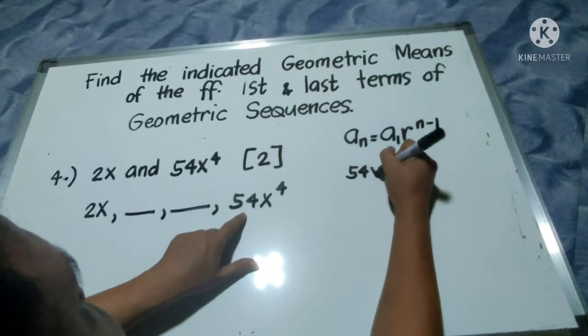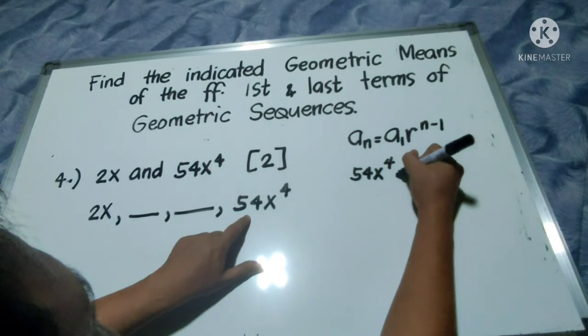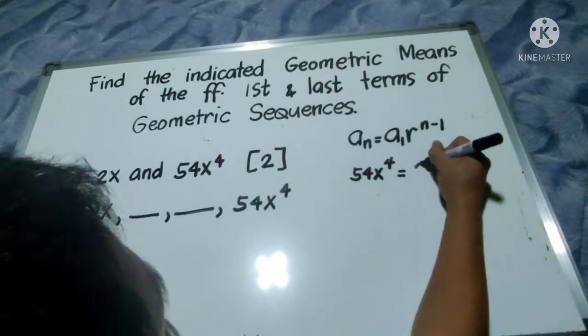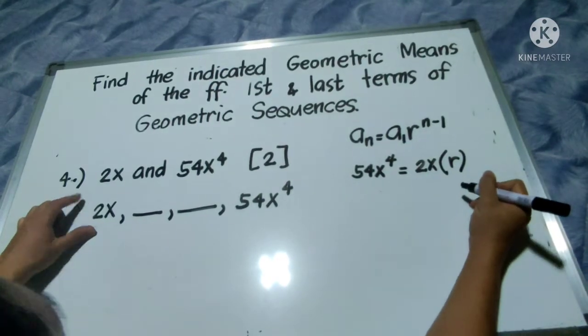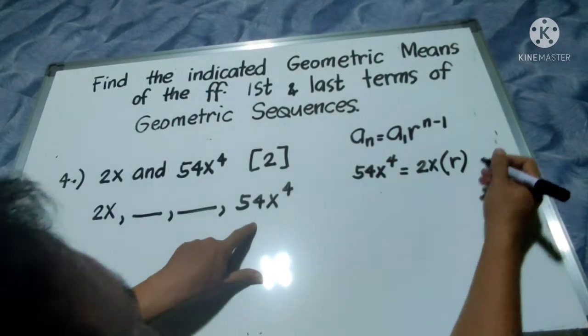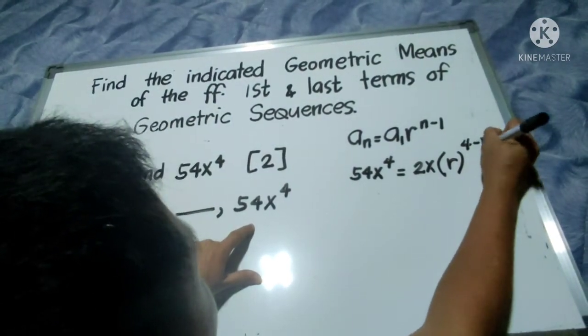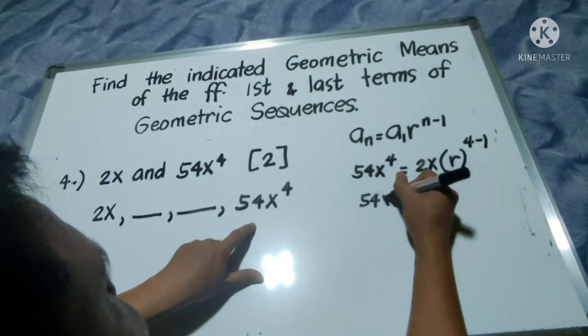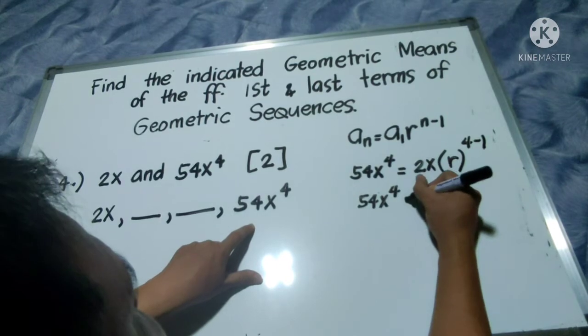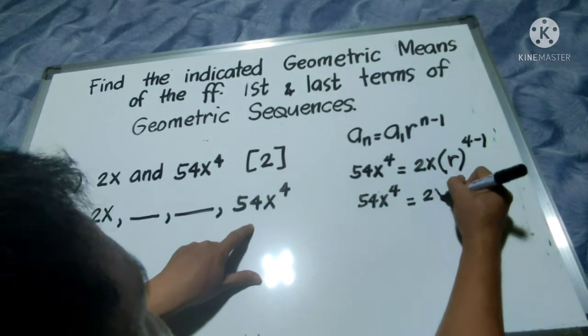By substitution, you will have 54 x to the exponent of 4 is equal to, first term, 2x times r to the exponent of, what is our n? 1, 2, 3, 4. There are 4 terms, 4 minus 1. Simplify further. 54 x to the exponent of 4 is equal to 2x.